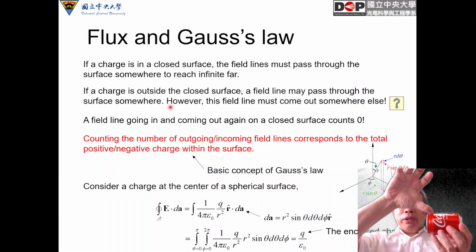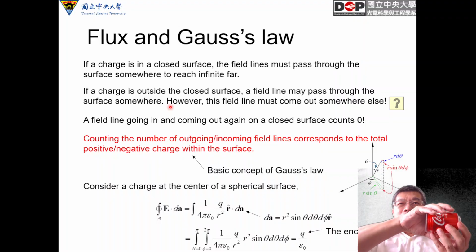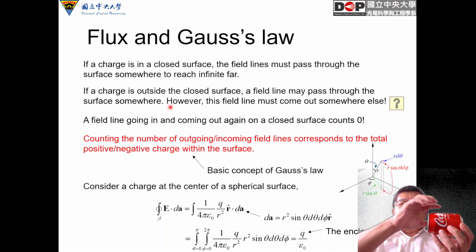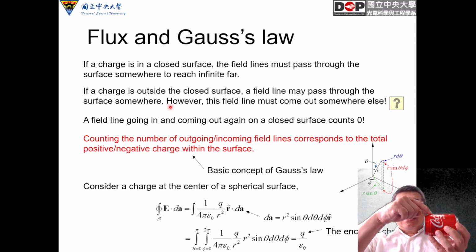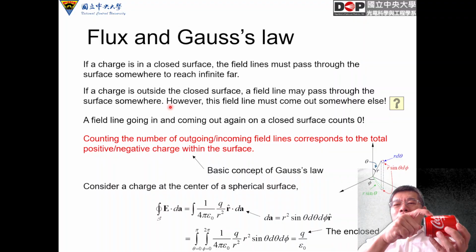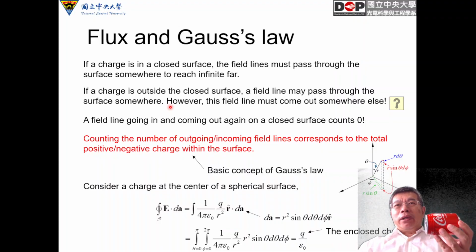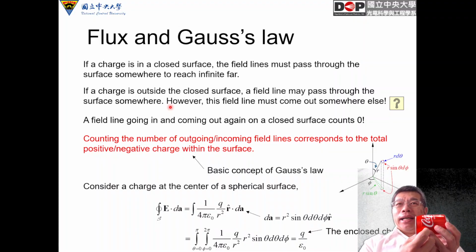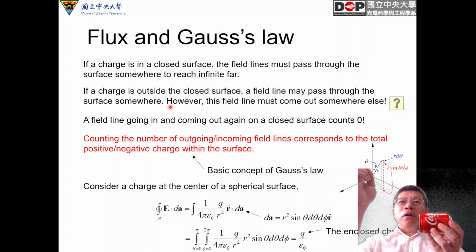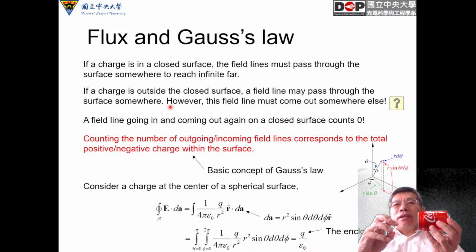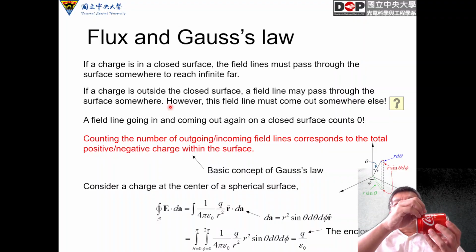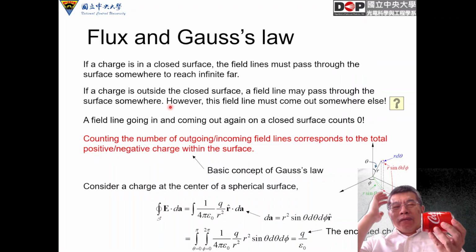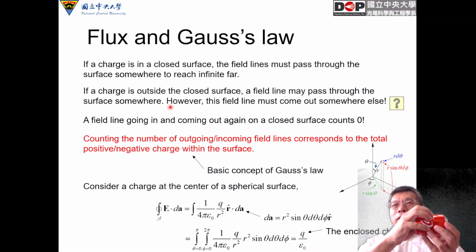So one might be penetrating it, but since it is just an imaginary surface, it will go through it, enter the can, and go out somewhere. That's the idea. But if a charge is placed inside the can, the field lines will go out to infinity. So it just generates several field lines going through this surface.